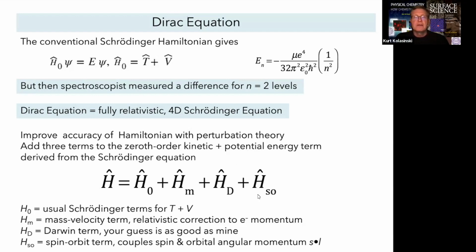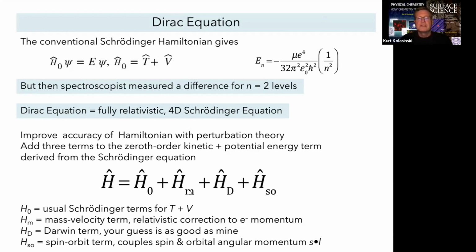We can solve each one of these independently and just add on the energy to that which we found for the zeroth order term. So the way we can treat the Dirac equation is in terms of this sort of perturbation theory. These should be small terms compared to that one there.